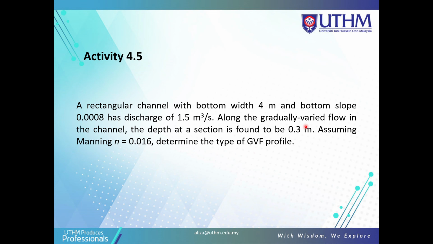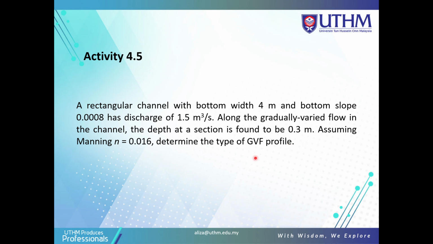Activity 4.5: a rectangular channel with bottom width 4 meters and bottom slope 0.0008 has a discharge of 1.5 cubic meters per second. Along the gradually varied flow in the channel, the depth at a section is found to be 0.3 meters. Assuming Manning's n of 0.016, determine the type of GVF profile.